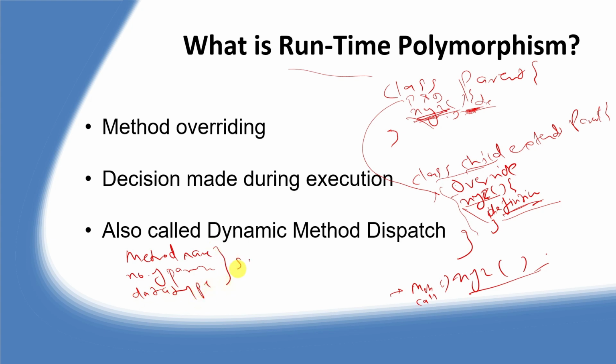Only the difference is the implementation or definition of the method, that will be different. So this is the rule of override. By following this rule, the child class will override this method.